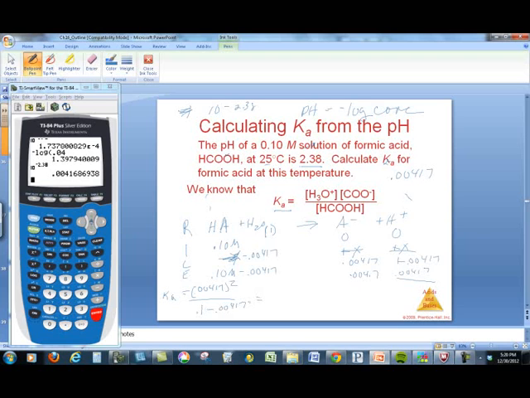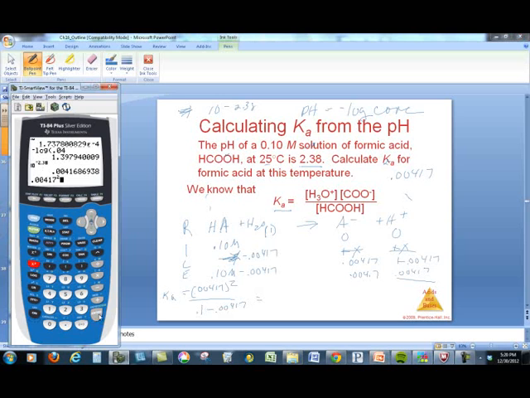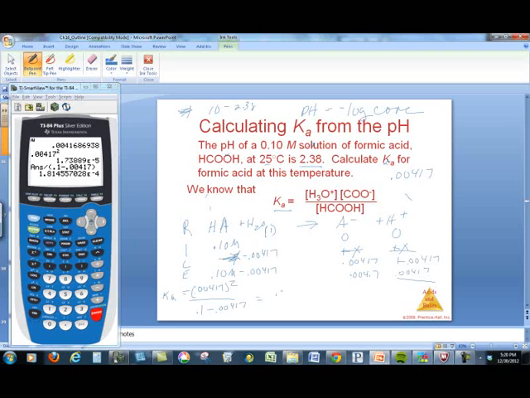If I take 0.00417 squared as my numerator and divide that by, in parentheses, 0.1 minus 0.00417, close my parentheses, I get 1.8 times 10 to the minus 4th.